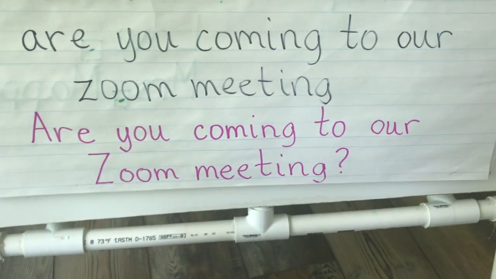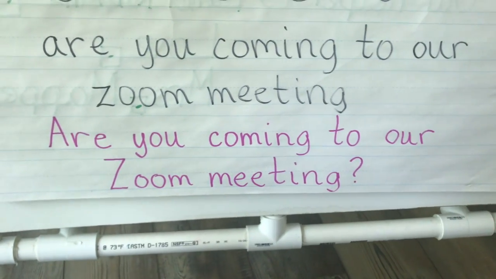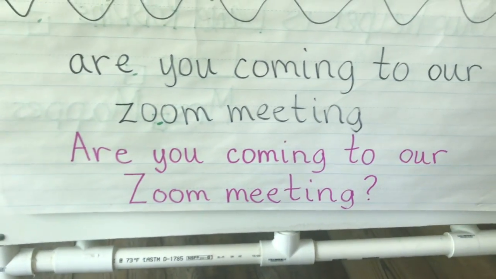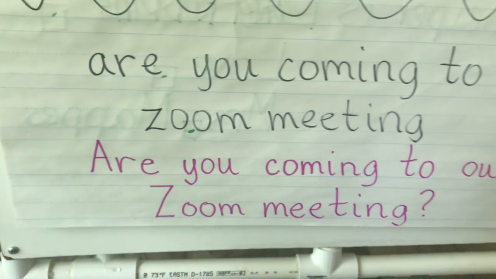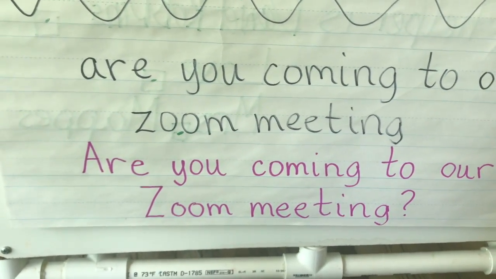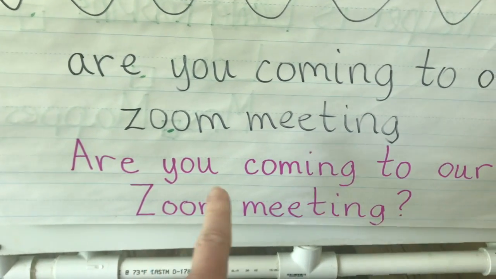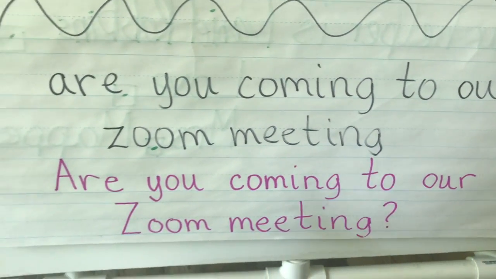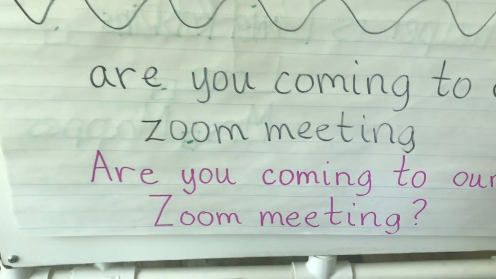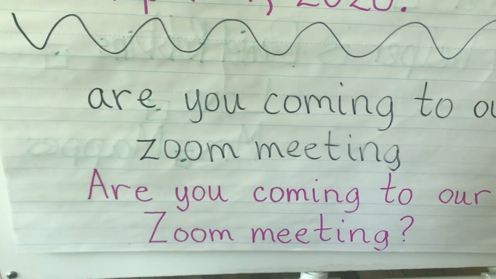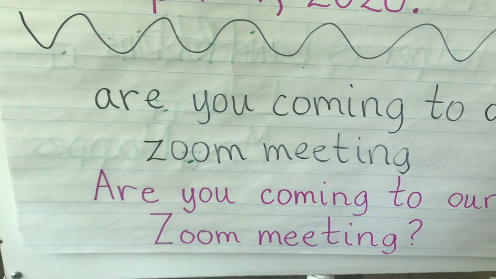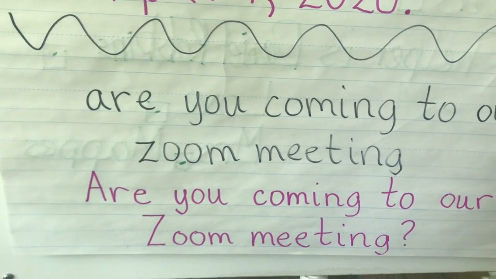Okay, and here is the correct way to write the sentence. See if you got everything fixed up. The word are needs a capital because it is the beginning of a sentence. So we have a capital A. Everything else is pretty much the same until we get to the word Zoom. Now, Zoom is the name of a company or, I guess, kind of a software that they use that is what we use to be able to meet with each other.